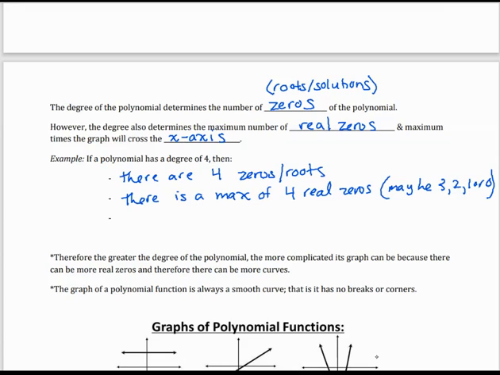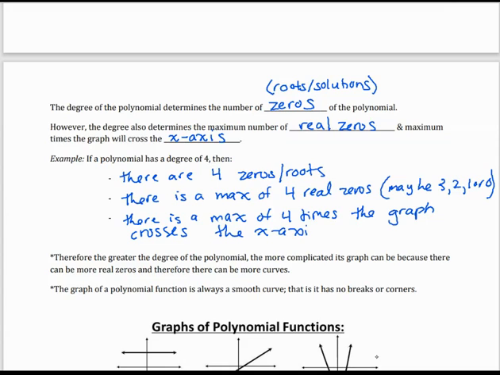So please understand there's 4 solutions, 4 roots, but there's only a maximum of 4 real zeros. There could be less. So that also means there is a max of 4 times the graph crosses the x-axis. Again, it could only cross 3 times. It could cross 2, 1, none. Okay?